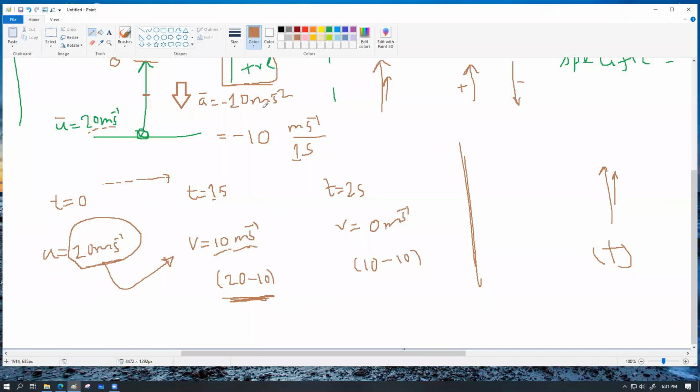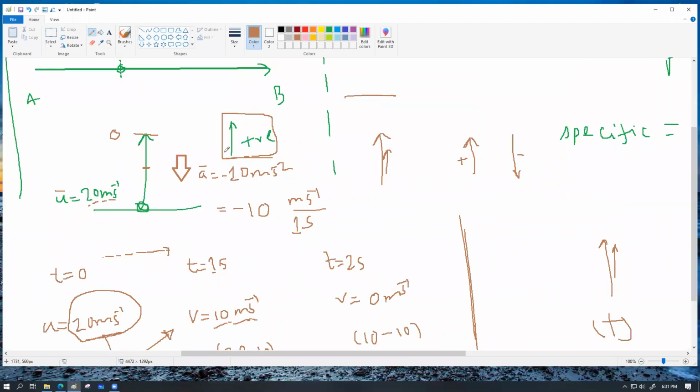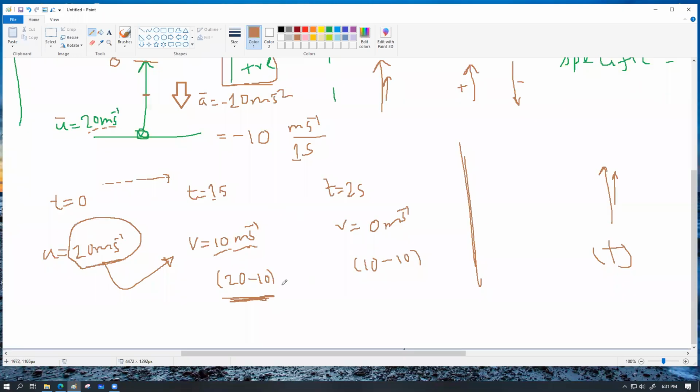Now, how much change would you have to the initial velocity in 1 second? That is 10 meters per second. In which direction? Downwards. So you can either think of this as 20 minus 10, because they are working in opposite directions. The object is going upwards and the acceleration is working downwards, so you're subtracting them.